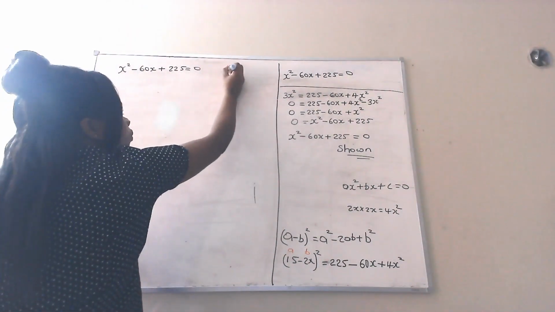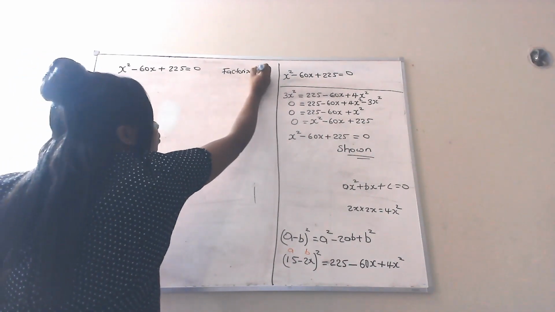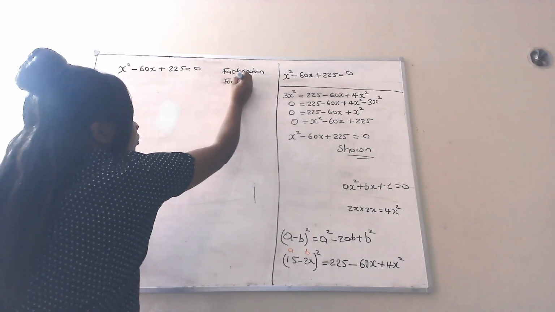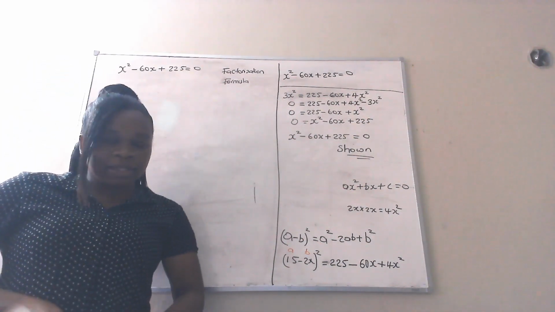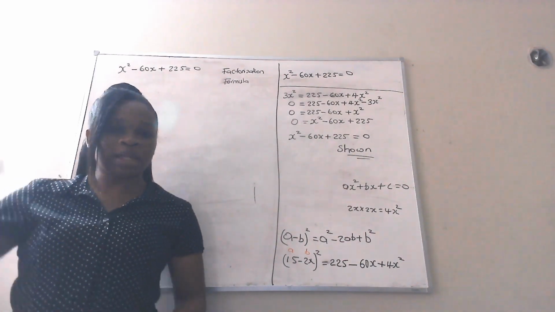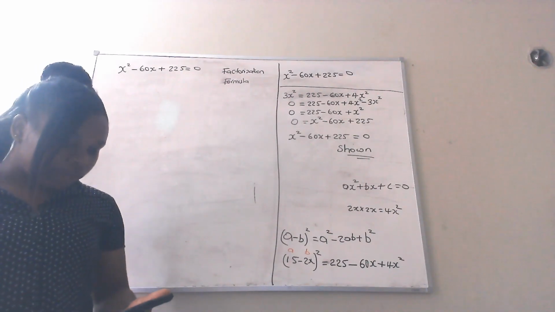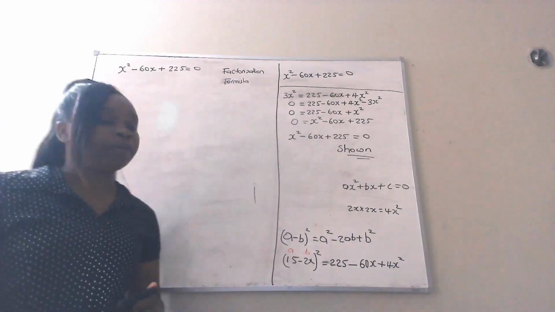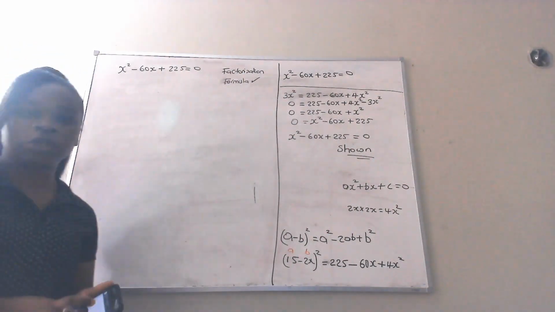You can do so using the factorization method or the formula method. When you're given your exam paper, the sheet at the front of the paper has a list, and you're going to find the quadratic formula there. However, this question states that we should use the formula. So that's the method we will use.